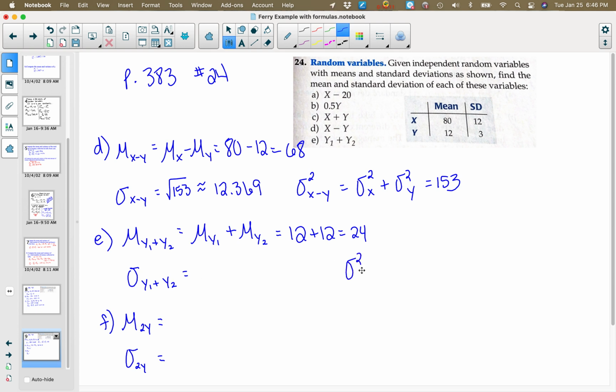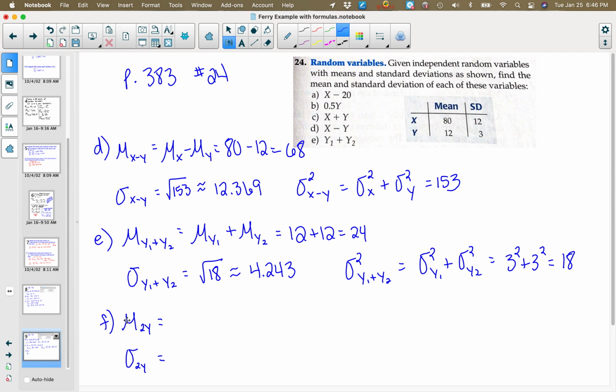So we're going to have to find this. So we get the variance. So we're going to have to square this. So it was a 3. So we're going to have 3 squared plus 3 squared. 9 plus 9 is 18. So my standard deviation is the square root of 18, which is about 4.243.